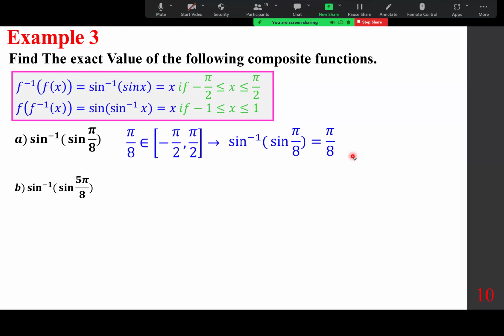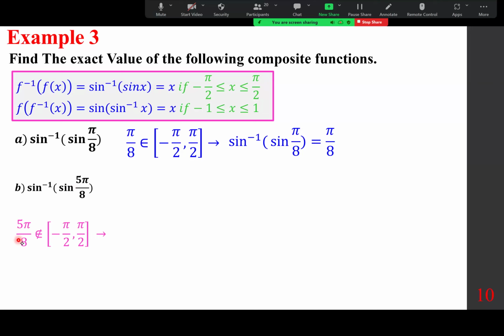Sine inverse of sine of 5 pi over 8, is it 5 pi over 8? Obviously it's not, right? Because remember, 4 pi over 8 is pi over 2. 5 pi over 8 is larger than that, and that puts us in the second quadrant.